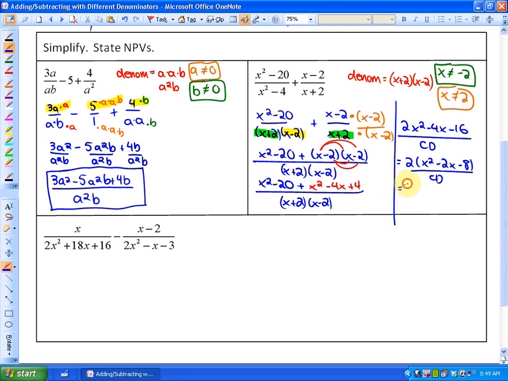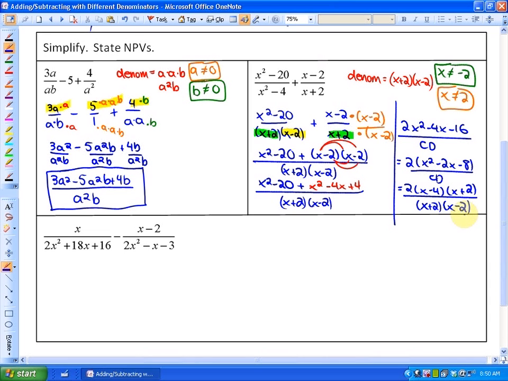And that trinomial can be factored to x minus 4 and x plus 2. And what you'll see is now over our common denominator of x plus 2, x minus 2, we do in this particular case have two common binomial factors of x plus 2. So our simplest form in this particular case is 2 times x minus 4 all over a denominator of x minus 2. That is our simplest form.